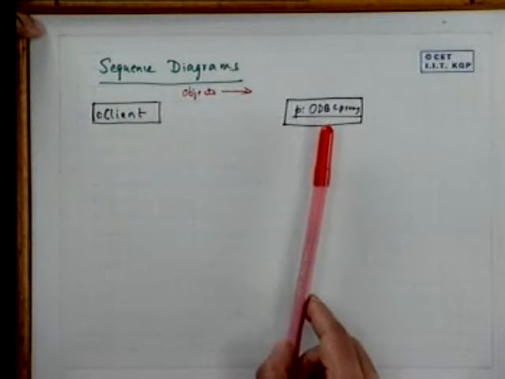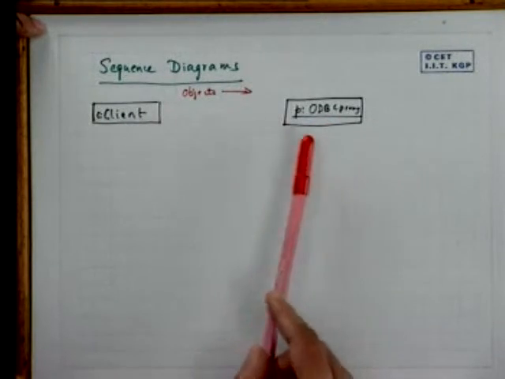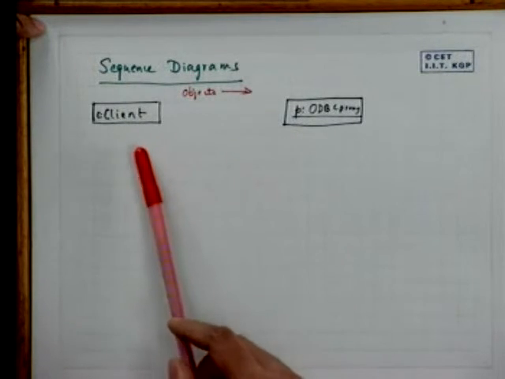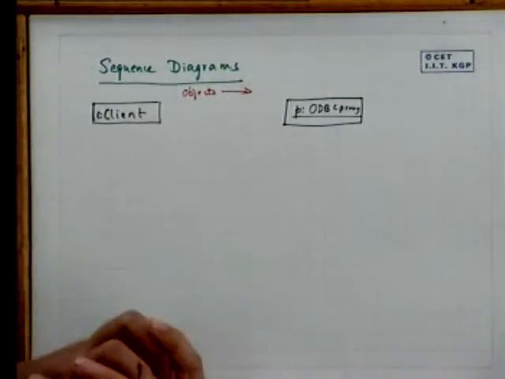Now, in order to model this interaction between the client and the ODBC proxy, another object is constructed which is called the transaction, which comes into existence at the start of the interaction. Now in this diagram, we also show the messages that are passed from object to object, and we also have to show the lifeline of an object.